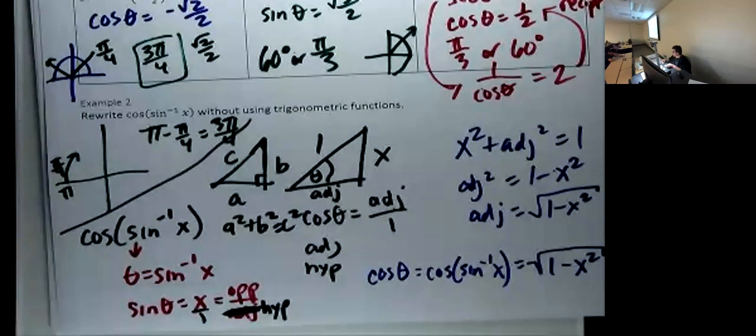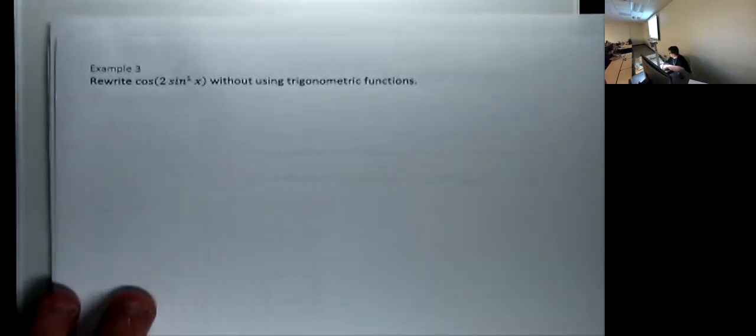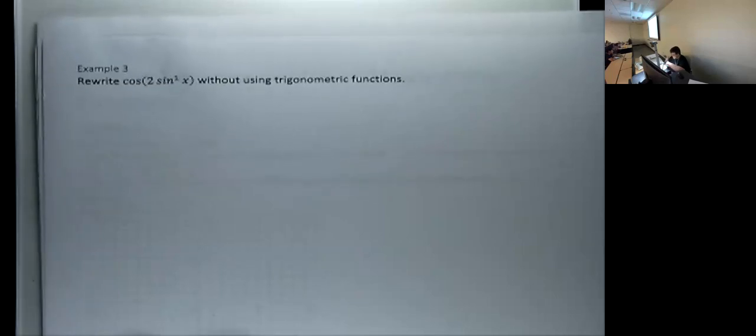All right, you ready for some more pain? Let's bring on the pain. We are going to rewrite cosine of 2 sine inverse x.